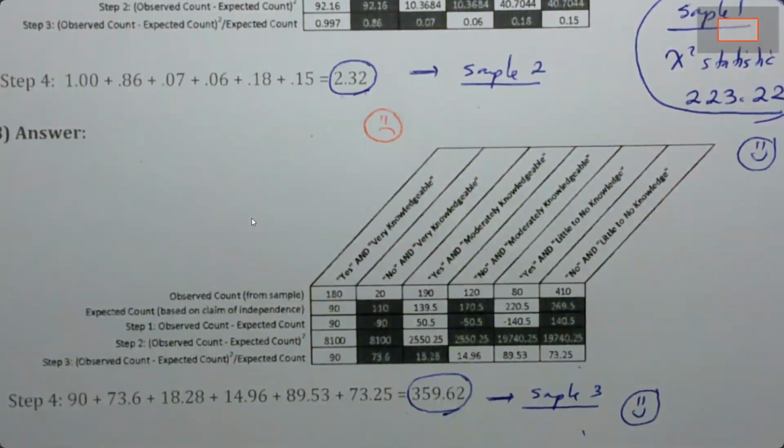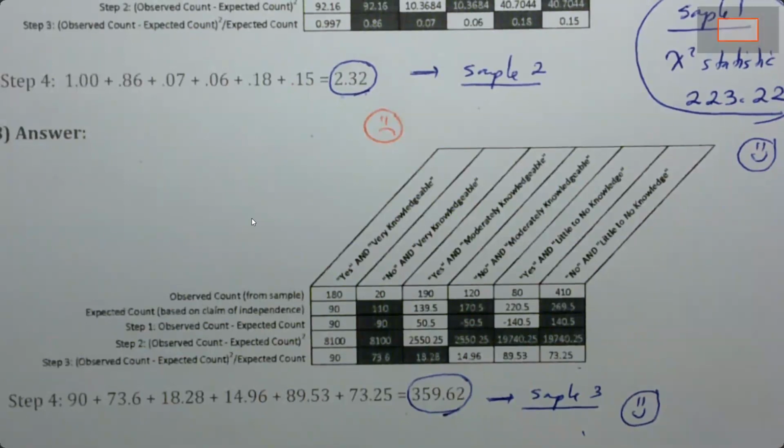Compared with the small value for sample 2, sample 1 and sample 3 take the priority. So these two show very strong evidence.